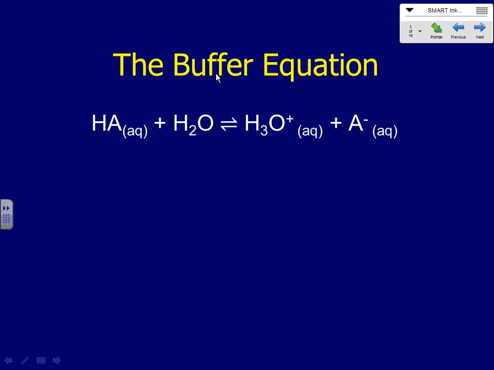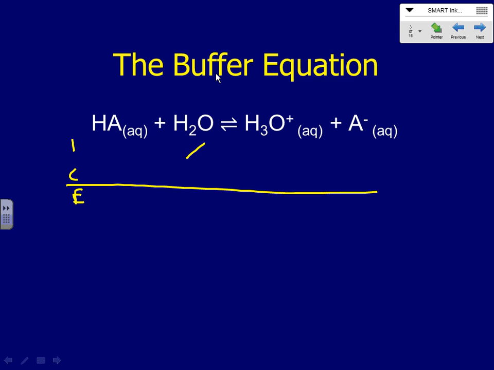And if the approximation is good, we use it. Again, this is just like the derivation that we've done before. We're going to have an ice table. We're going to solve the equilibrium expression, et cetera, et cetera.